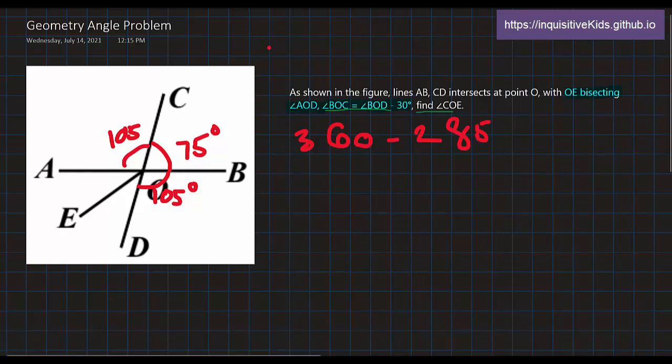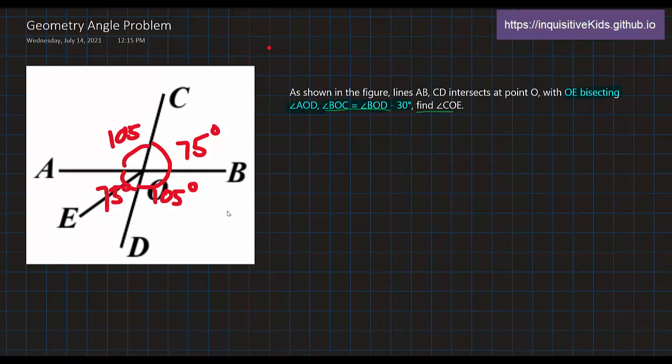And actually, you know what? We don't even need to do this, because we know that COB and AOD are congruent angles. So we could just quickly mark this as 75 degrees. There.